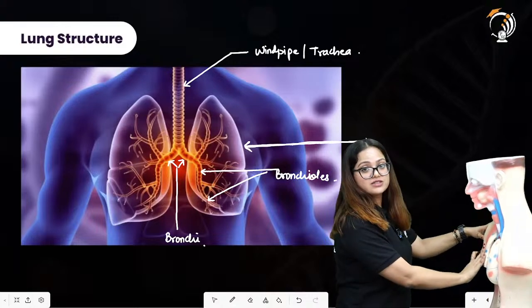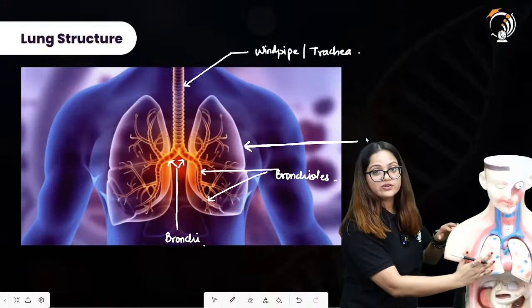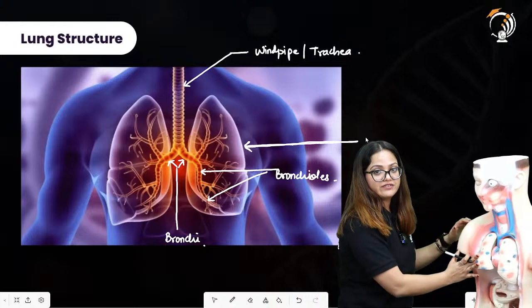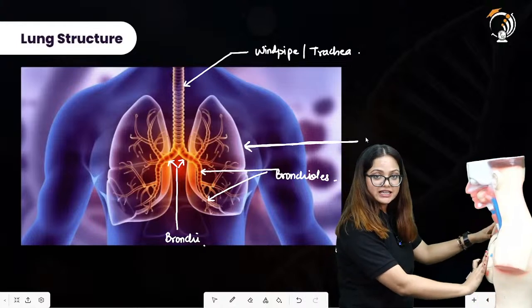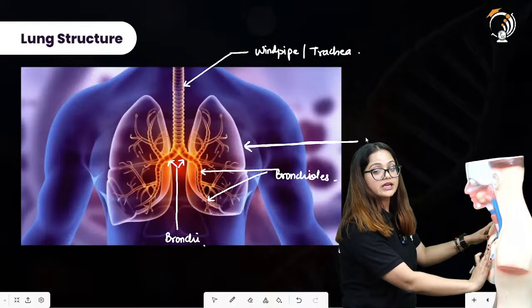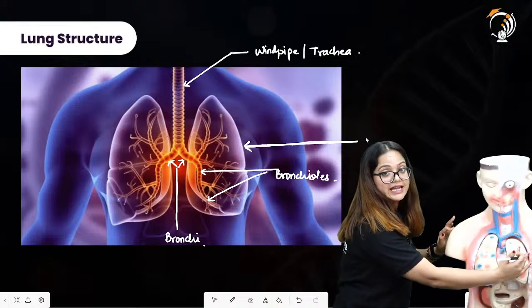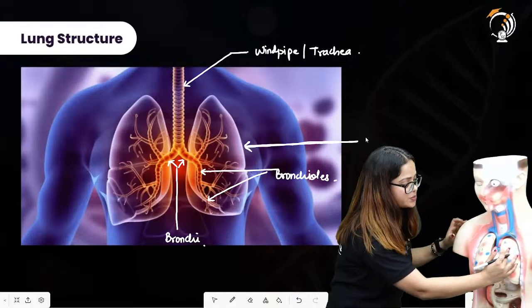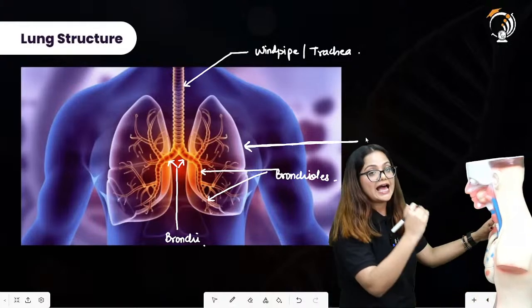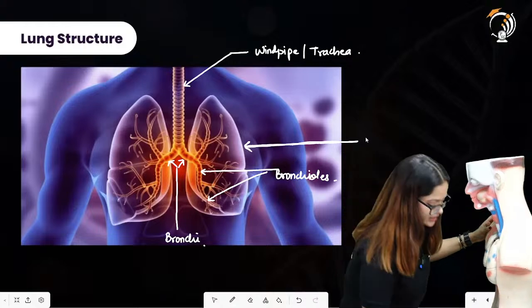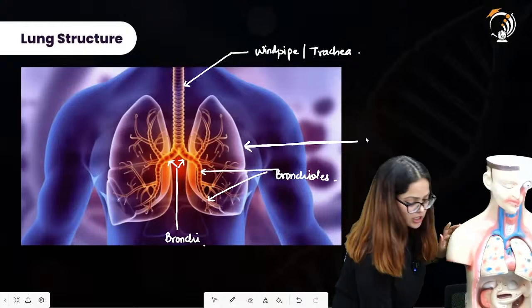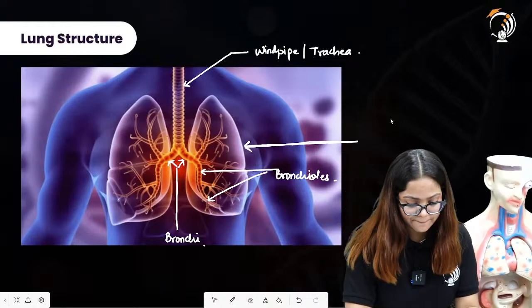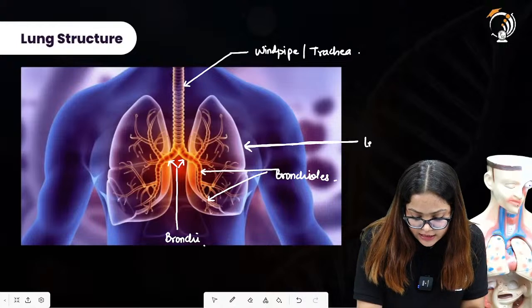So what was this lung here? This was the right lung which is actually present on the left hand side here. And what is this lung here? Try to tell, this is the left lung. So the one present on the right hand side is actually the left lung. Alright, so we can write here that this is the left lung here.